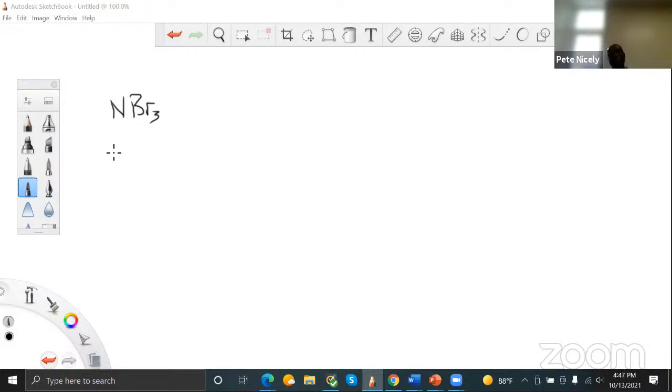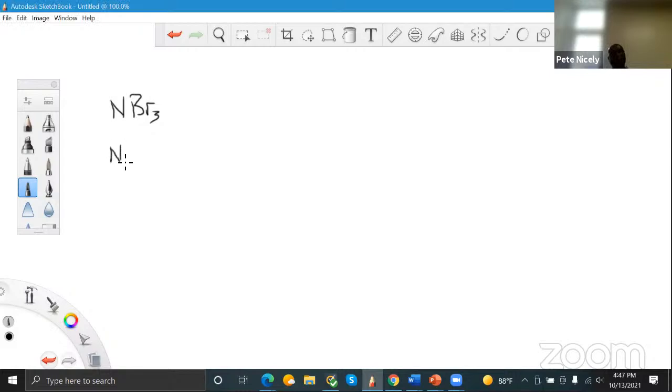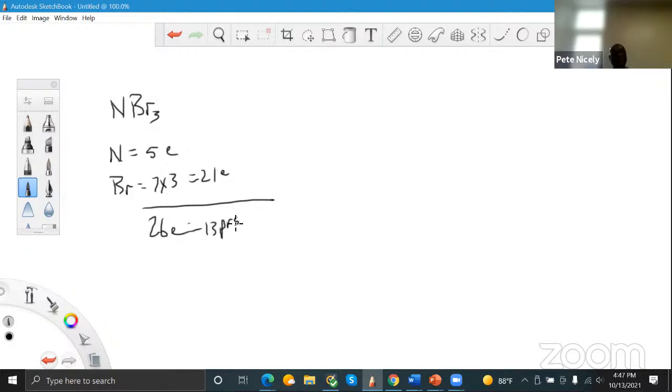Okay, so how many valence electrons will nitrogen contribute? Okay, and how many electrons will bromine contribute? Right, 7 times 3, which is 21 electrons, all right? So we add these two together to get 26 electrons, which is equal to 13 pairs, all right?